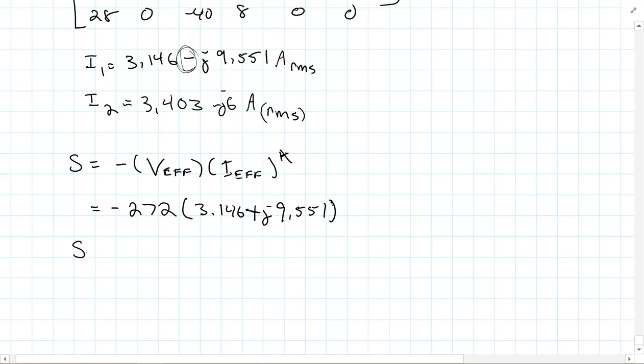And then if we compute that, negative 272 times 3.146 plus 9.551, I wind up with a negative 855.7 minus j2598 volt amp.